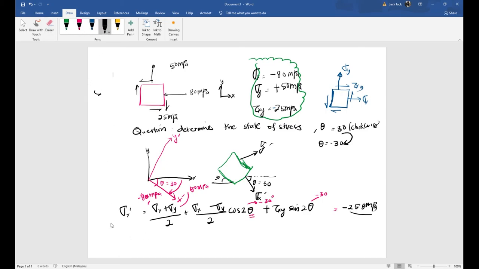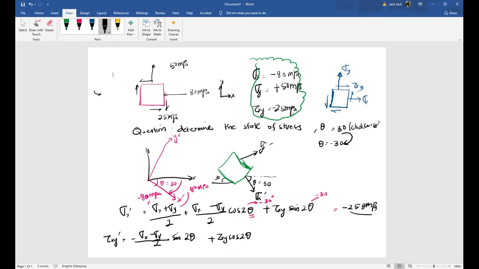Tau x'y' is equal to minus (sigma x minus sigma y) divided by 2 times sine 2 theta plus tau xy times cosine 2 theta.